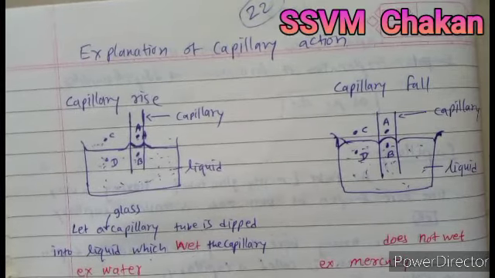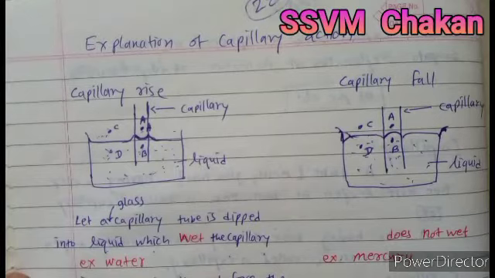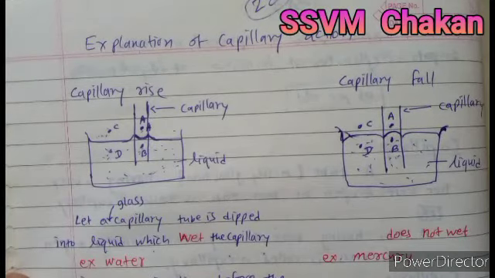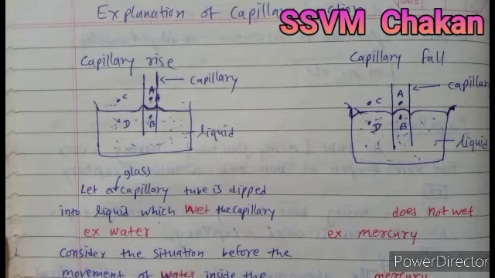Explanation of capillarity action. We see the derivation for both cases, capillary rise and capillary fall. First we see the capillary rise and why this takes place, then the capillary fall. I will explain only the capillary rise and you write the capillary fall explanation on your own.